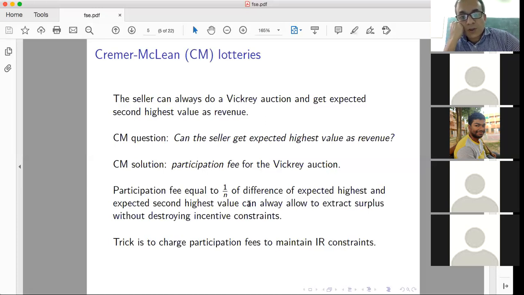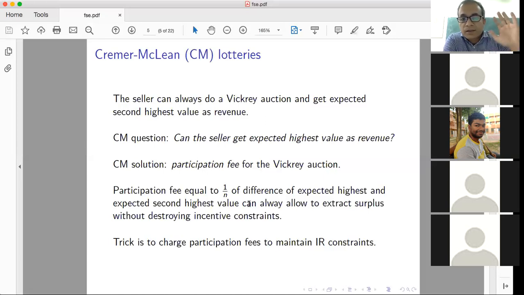Remember, the total participation fee that is collected is basically expected highest minus expected second highest. And the total expected revenue from the Vickrey auction is expected second highest. So basically the seller gets expected revenue equal to expected highest. Essentially, by introducing this simple participation fee, the seller can extract all possible surplus.